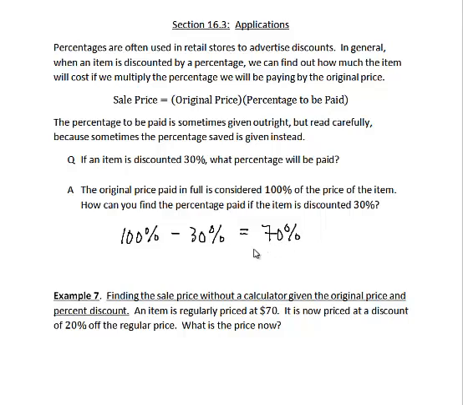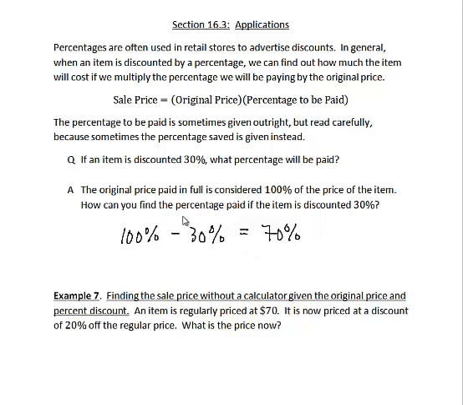And as you may notice, this isn't really in relation to the formula that we were given, where to calculate the sale price, we take the original price and multiply it by the percentage to be paid. With this first question, we were simply calculating the percentage to be paid.